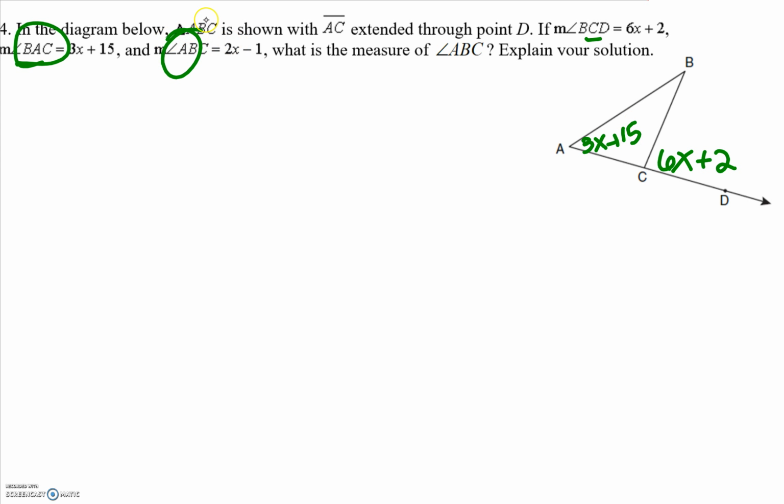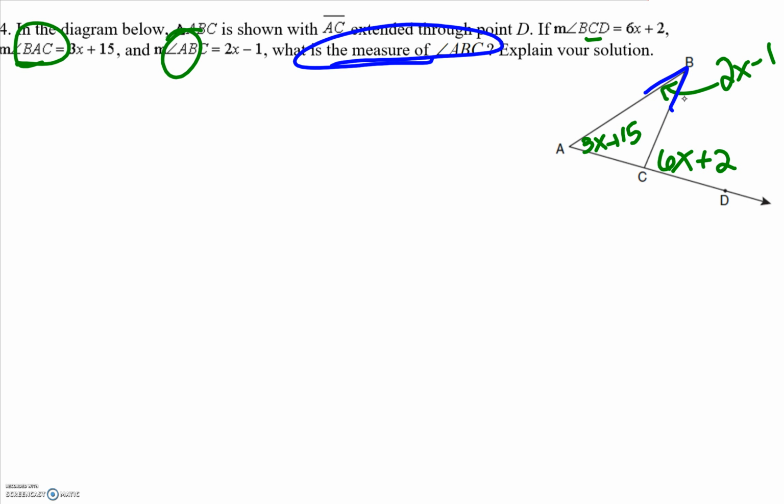And the measure of angle ABC, which is that angle right there, is 2x minus 1. So we should notice that we have an exterior angle and the two non-adjacent angles. So we want to figure out what is the measure of angle ABC.